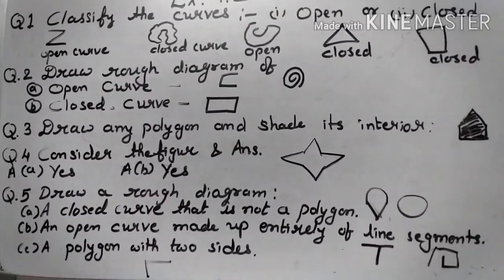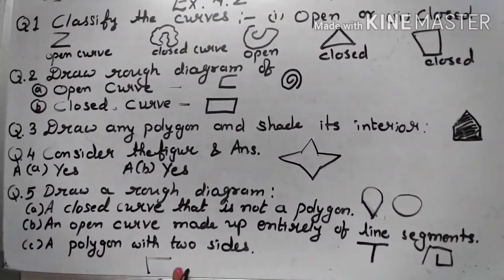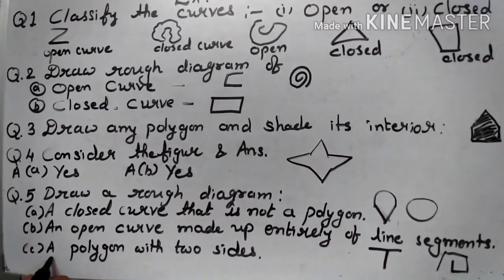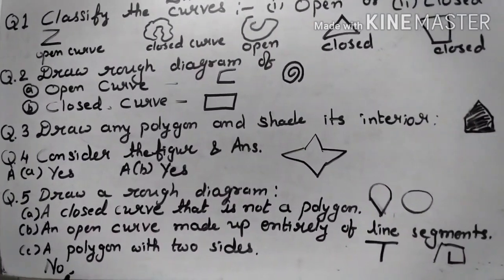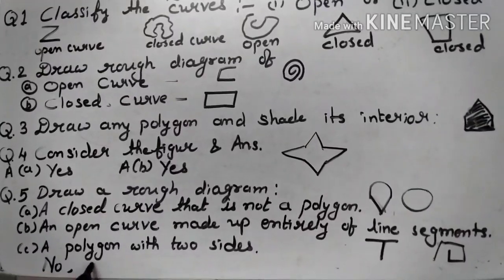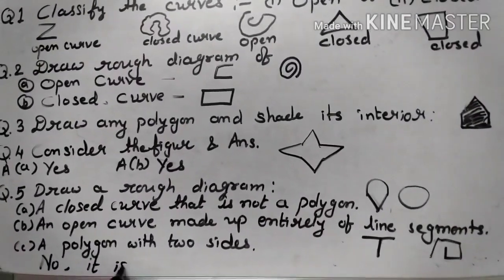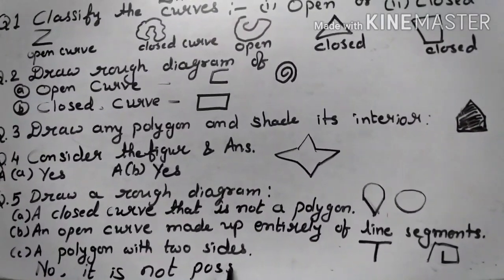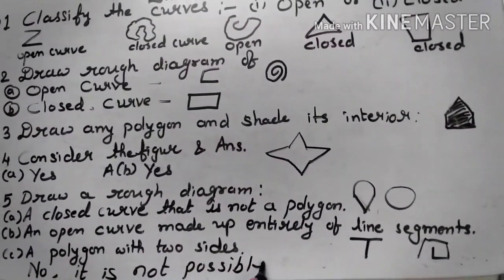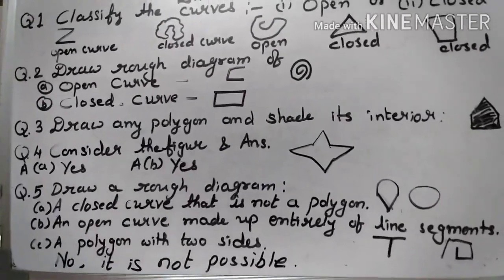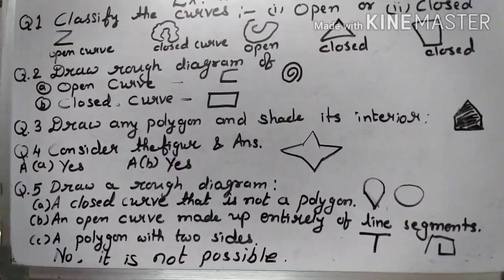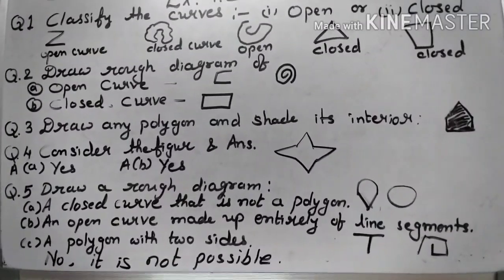So this statement is not possible. So what will we write? That this statement, no, it is not possible. A polygon has at least 3 sides, and that is called a triangle.